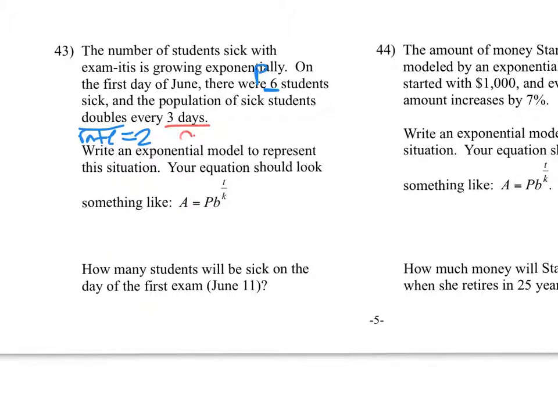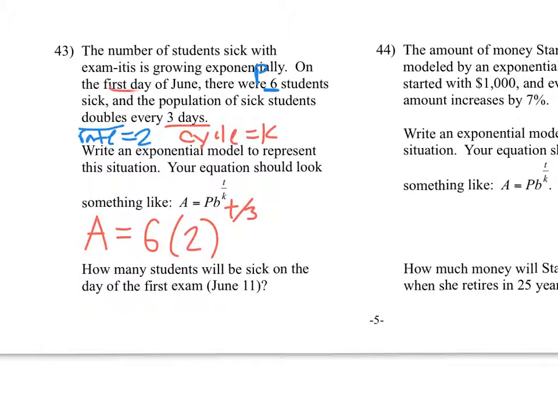And every 3 days, that's my cycle. So that's my k value. So my equation is going to be A is equal to 6 times 2 to the, let's call this t over, and we said the cycle was 3. All right, and this is going to be days, and we're looking for something in days.